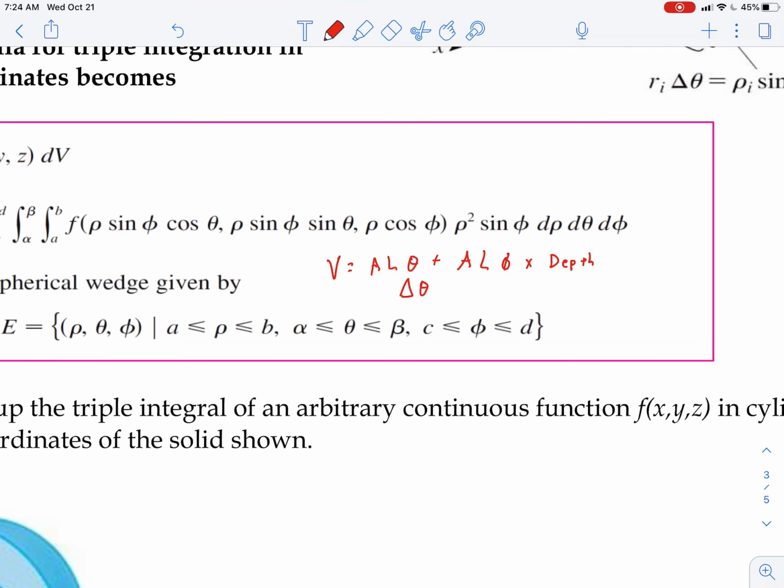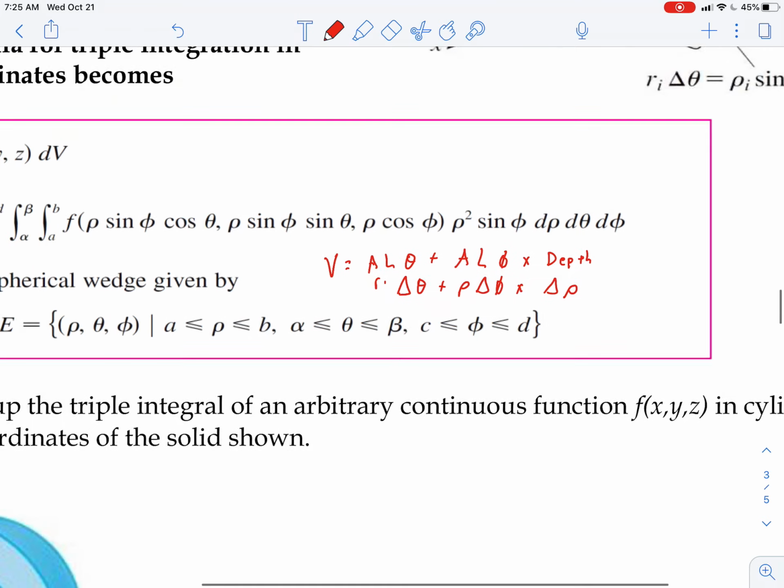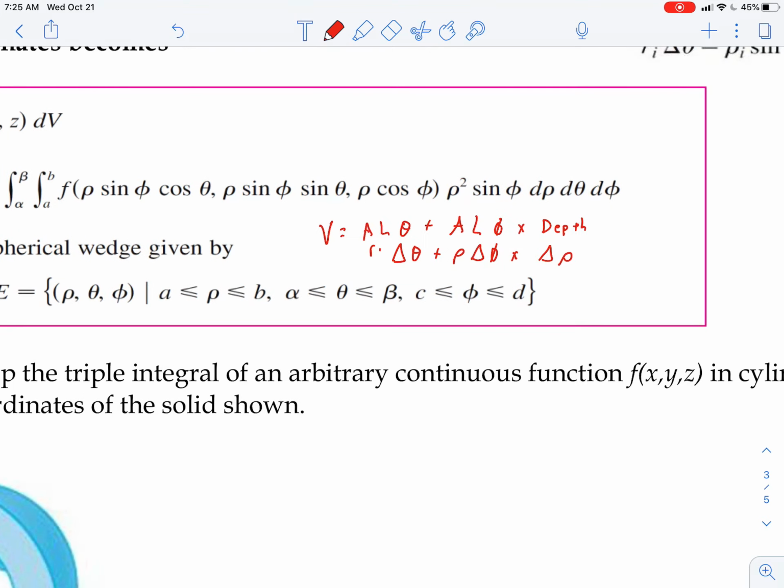So for phi, it's going to be delta phi, that change in phi, times rho, and the arc length for theta is now going to be r times delta theta. And then our depth is just going to be the change in rho, so delta rho. Too many Greek letters.